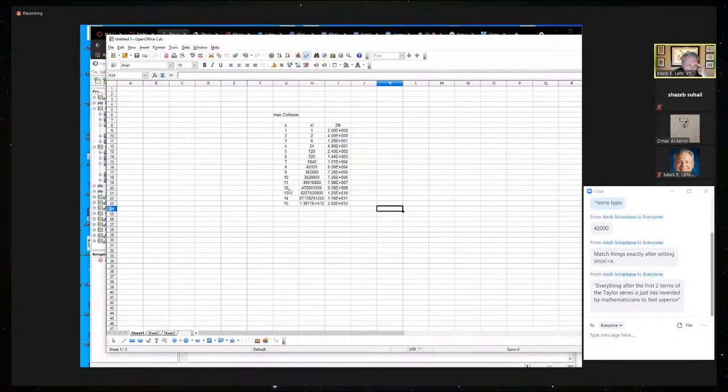A billion is 10 to the 9th, so 8 billion would be between these two. So we should see between 12 and 13 is the depth.